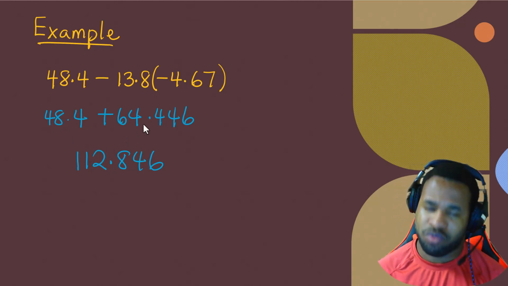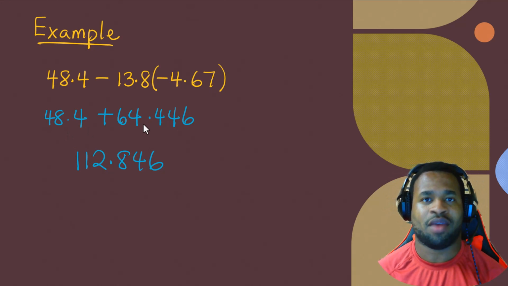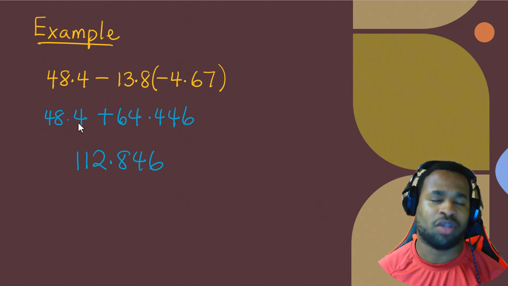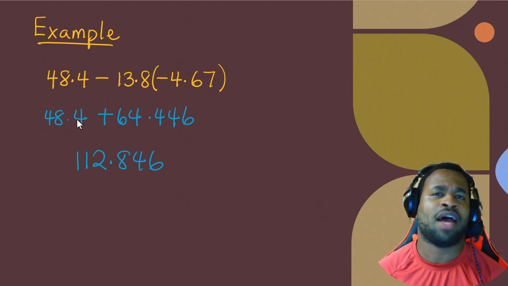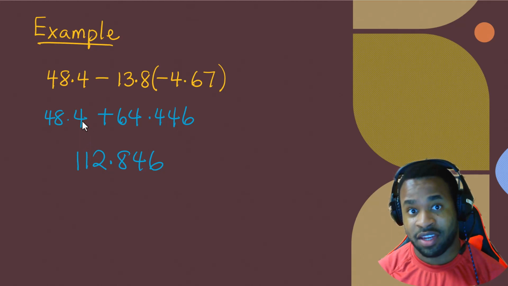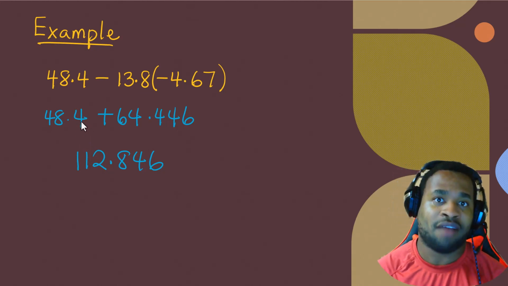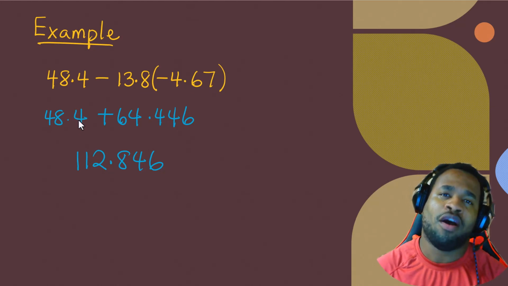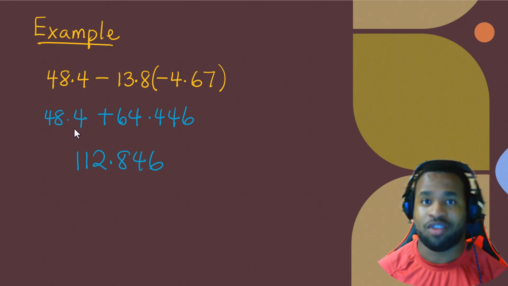Now to get the result in terms of rounding, our value is going to be based on the precision, and precision here means how many significant digits are after the decimal place, which one has the least number of digits after the decimal place.